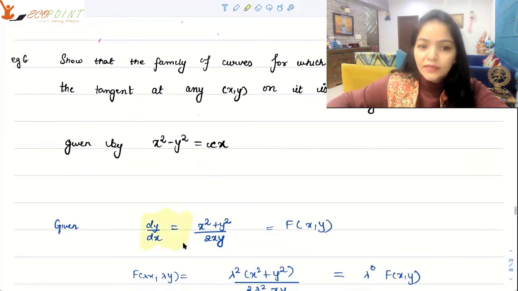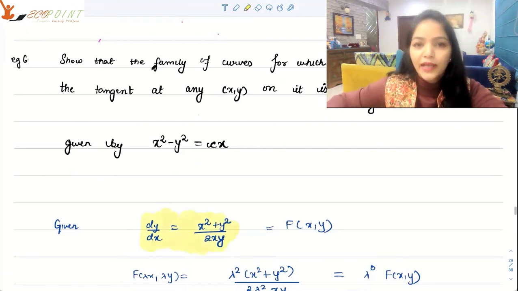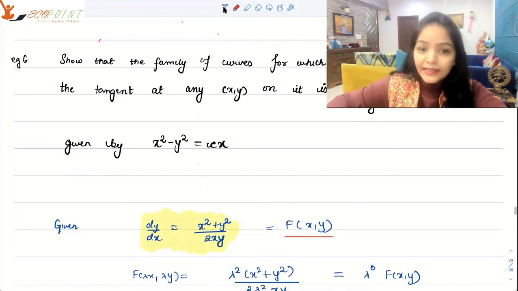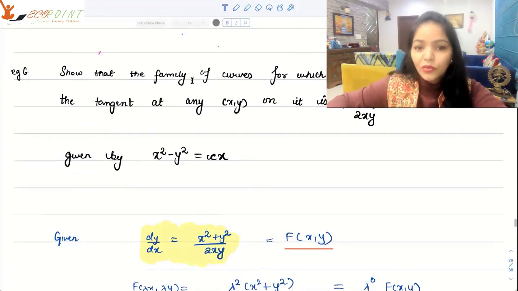So tangent means dy by dx, so slope of the tangent. So if this is what I have, that means dy by dx is a function of x and y. Is it homogeneous? Well, I can actually just see right through because the power is 2 to 2.